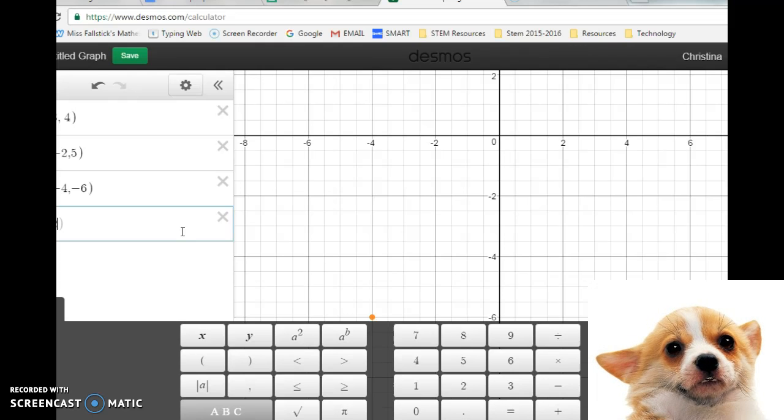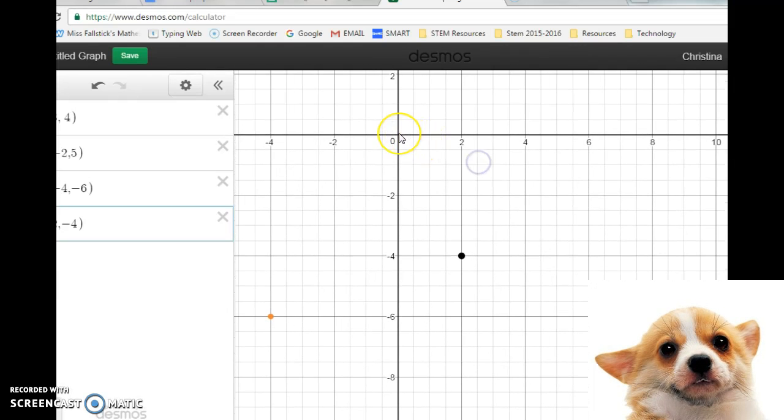Do (+2, -4). Again, I'm going to start at my origin. I'm going to go on my x-axis first because it's a +2. I'm going to go to the right, +2. My y is negative, so I'm going to go down to -4.